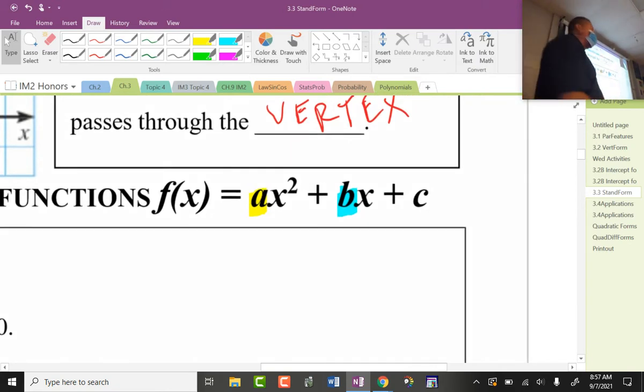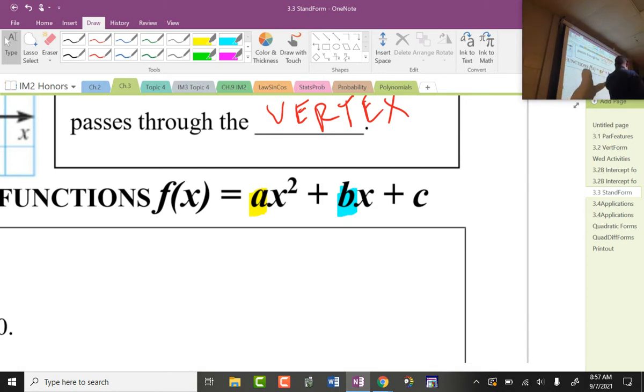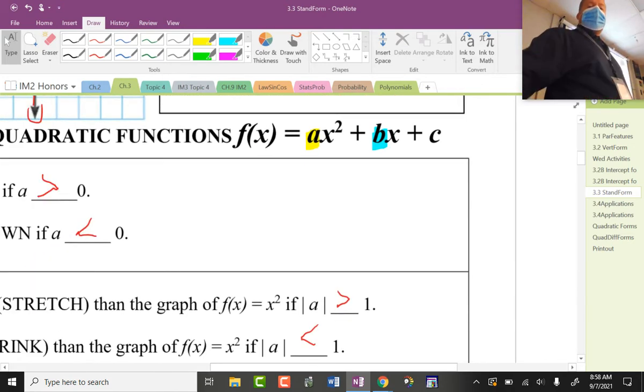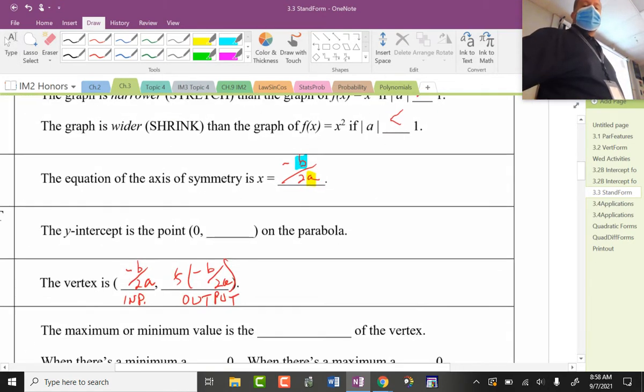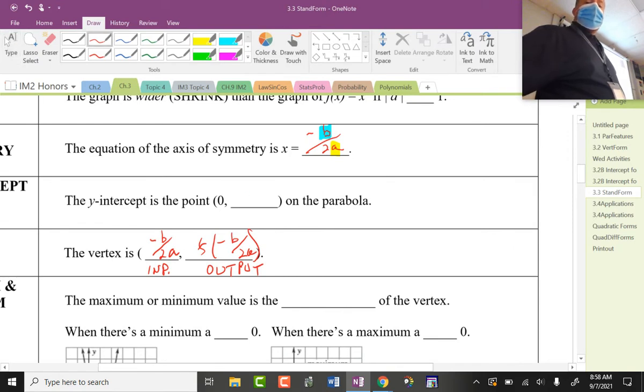I couldn't care less what a is. Because what's 0 squared times a, everybody? 3, 2, 1. 0. What's 0 times b? 3, 2, 1. So when I plug in 0 for x, what letter am I left with? 3, 2, 1, go? C, all by its lonesome. So a good thing, the only thing that really sticks out in standard form is what the y-intercept is.